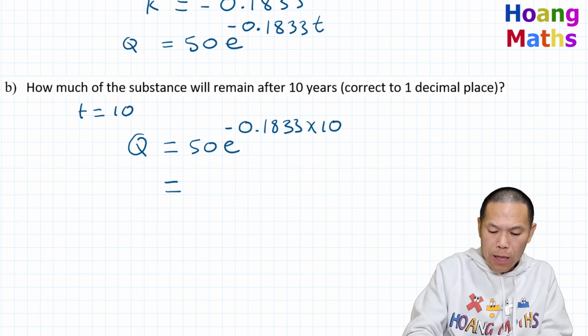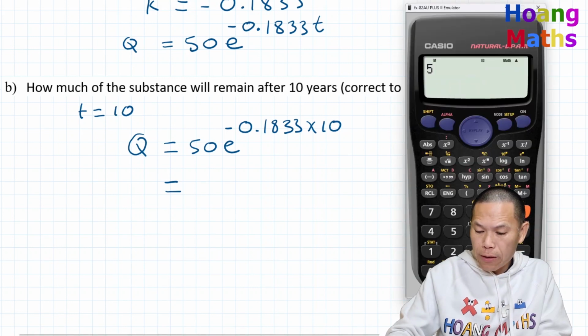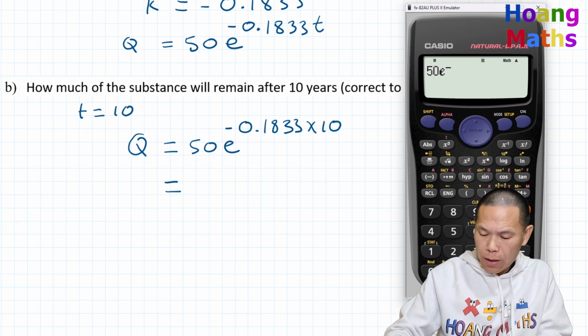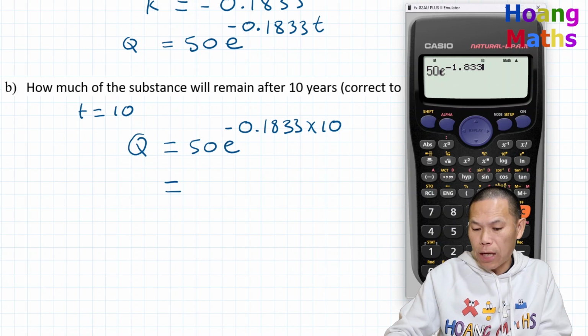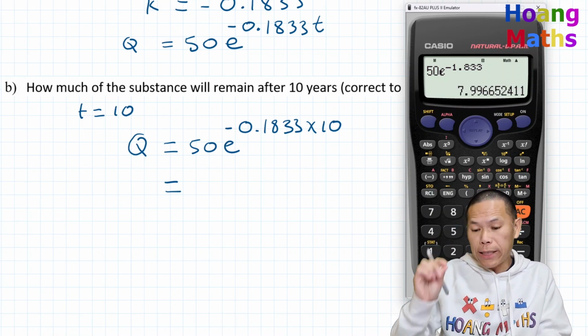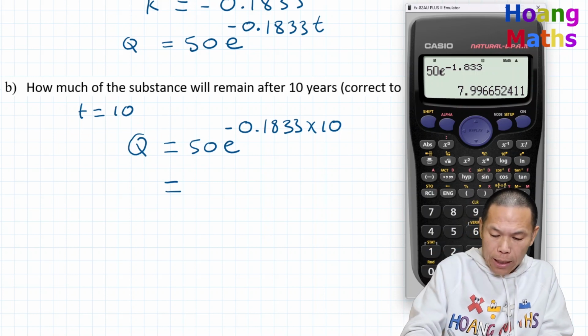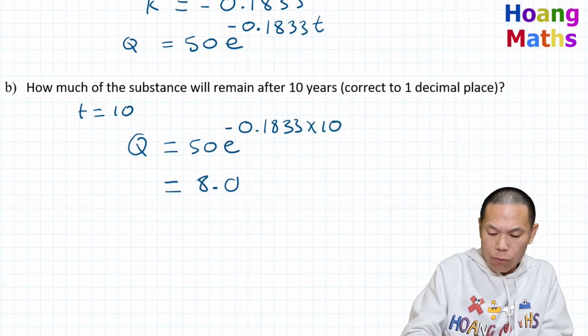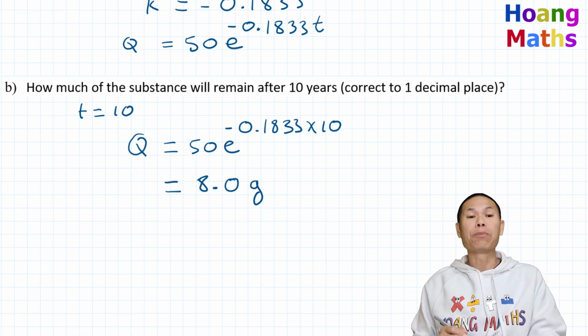So I just go 50 e to the negative 1.833, and correct to 1 decimal place, that is 8.0 grams. So keep that in mind.